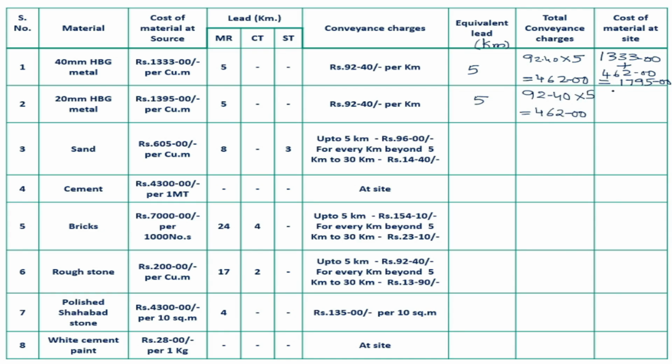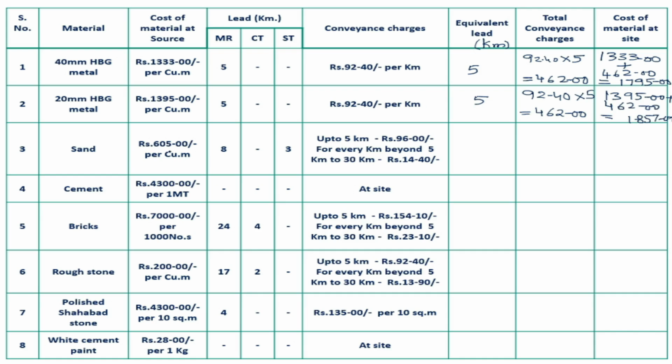Cost of material at site is equal to cost of material at source plus total conveyance charges, 1395 rupees plus 462 rupees is equal to 1857 rupees.